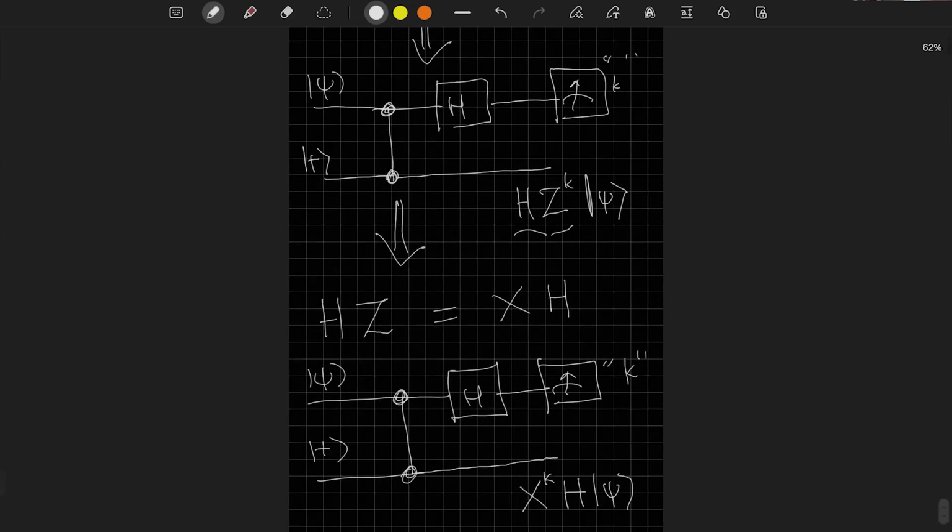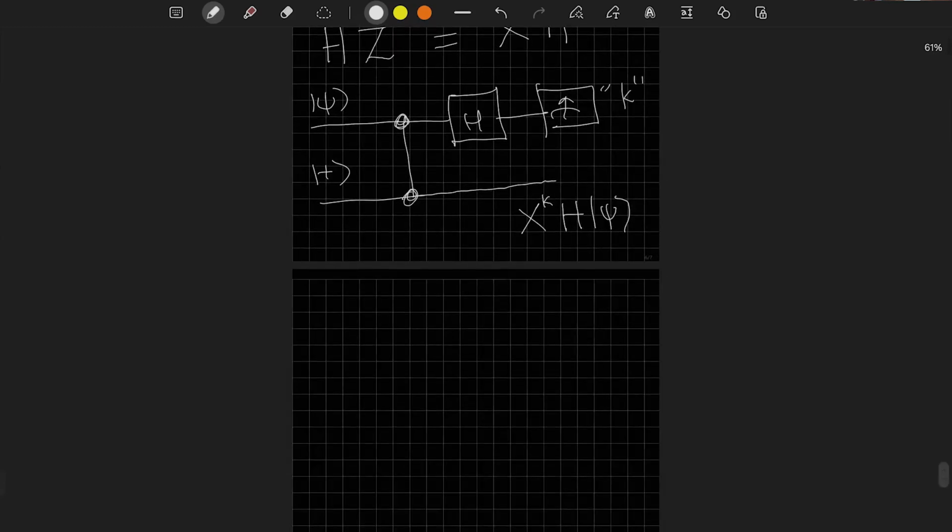Now what I could do as the next step is, I have this circuit in front of me: psi input and a ket plus input, controlled phase gate, Hadamard gate on the first qubit, followed by measurement, is equivalent to having this unitary operation act on the original state. So through a measurement, I have applied a gate on the second qubit.